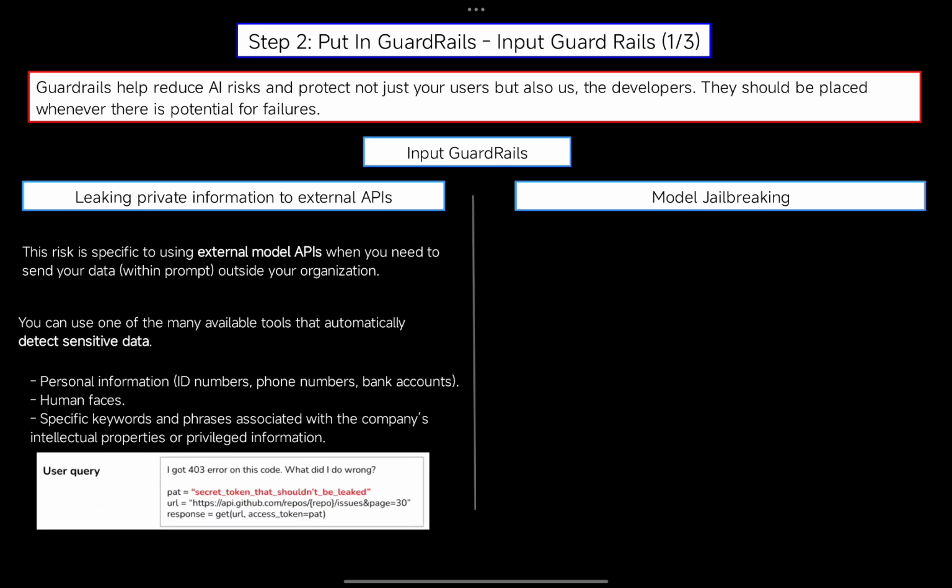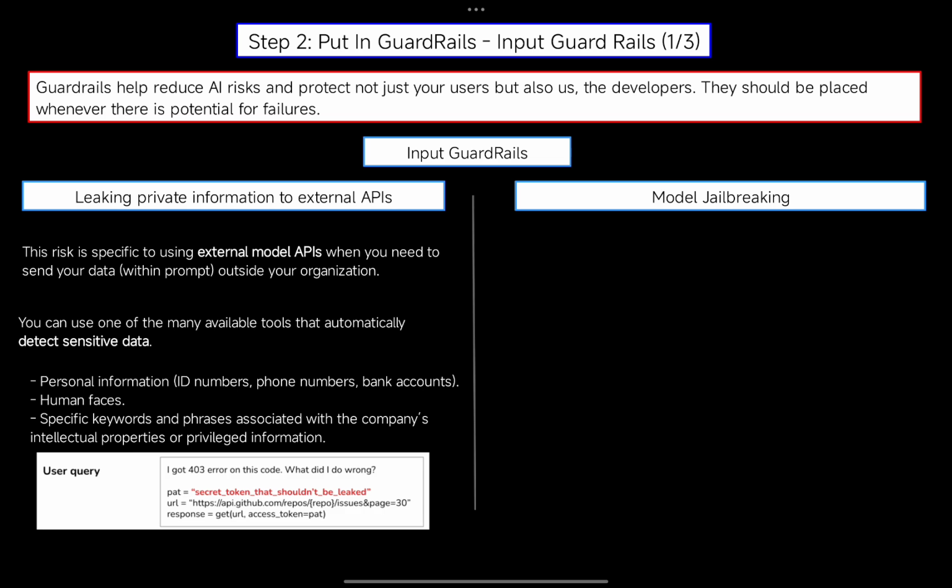One example you can see is where a user is trying to debug a certain issue. The user has written that I got 403 errors on this code, so what did I do wrong, right? That is the question, but along with the question, the user has exposed a token that should not be exposed as part of the input prompt, and also the URL that is mentioned here, right?